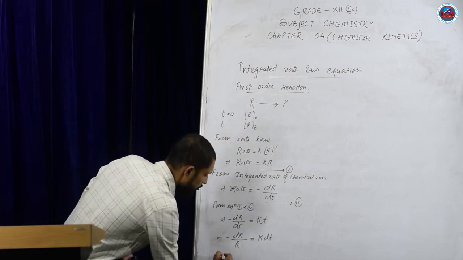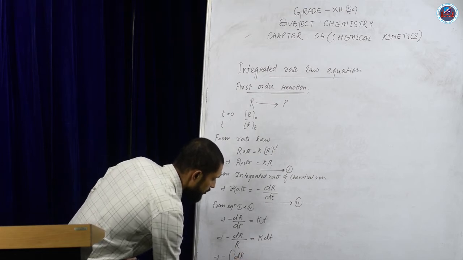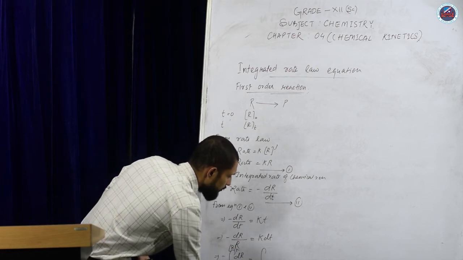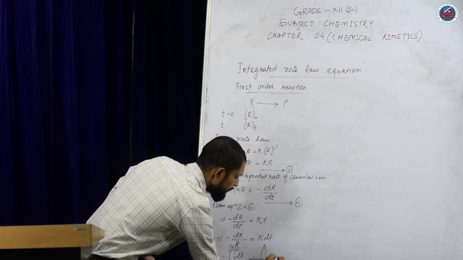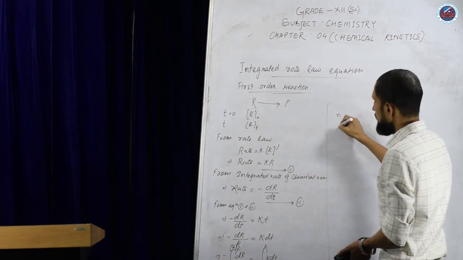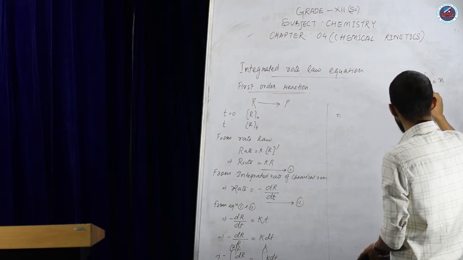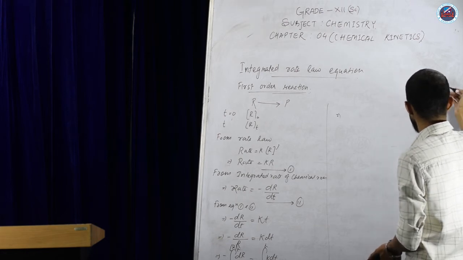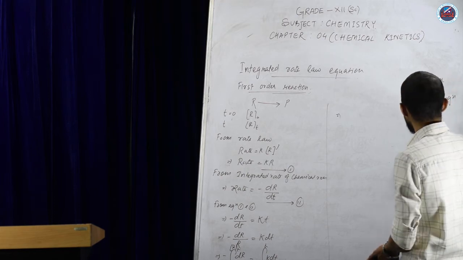Next step, we'll do integration. So integration of dR by R, with limits R0 to Rt, is equal to integration of K dt from 0 to t. We know integration of dx is equal to x, and integration of dx by x is equal to log x; in math, here we'll use ln of x.